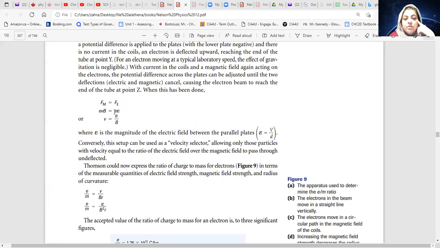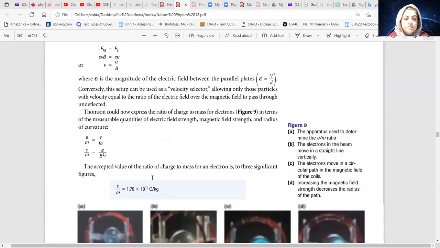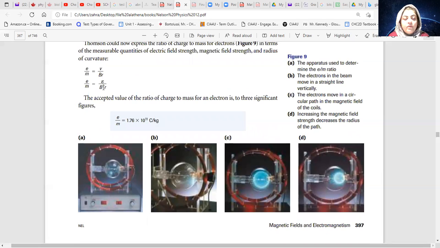Then F of E is equal to e multiplied by the electric field. You rearrange it for velocity, and you find the velocity, which is E over B. Instead of the velocity here, we can use the electric field over the magnetic field. And if you know the electric field, the magnetic field, and the radius, you can find the charge to mass ratio.